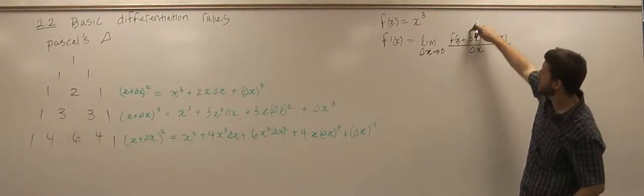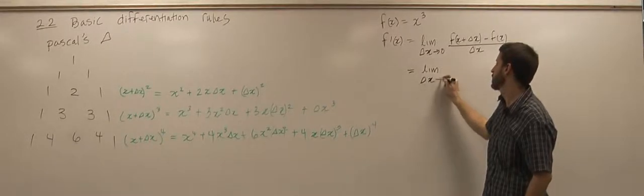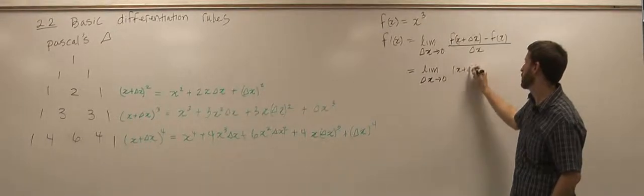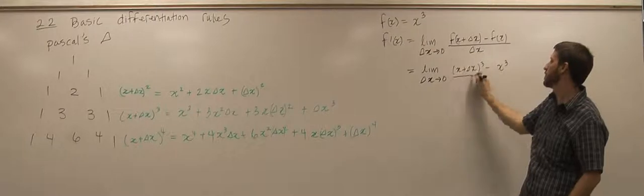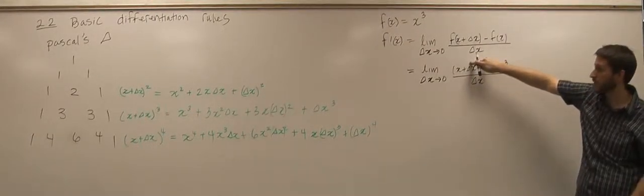But what is f of x plus delta x in this case? x plus delta x cubed, minus x cubed over delta x. But I know what this is now, right? I have it. It's right here.